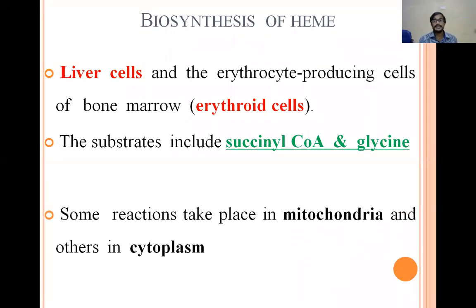And some reactions which are required for heme synthesis take place in the mitochondria, and some reactions take place in the cytoplasm, because the enzymes necessary for some steps are present in the mitochondria, and the enzymes necessary for some steps are present in the cytoplasm. So that's why some reactions take place in the mitochondria and some reactions take place in the cytoplasm.